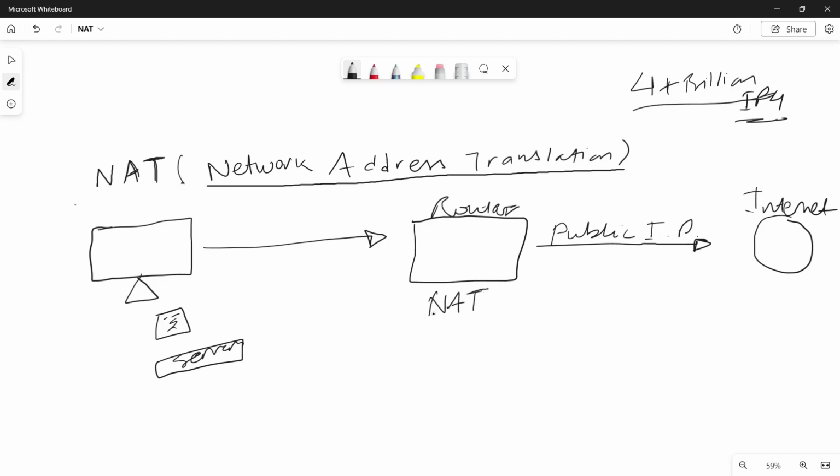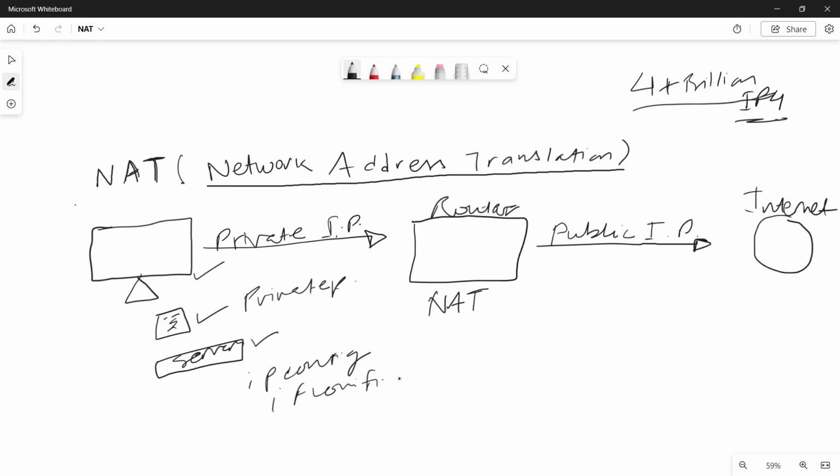implement NAT. So what NAT does is, your router assigns private IP addresses to your local machines. If you have a computer, or a phone, or a server, they are assigned private IP addresses, and you can check your private IP address by ipconfig in the Windows command line, or ifconfig in your Linux command line.